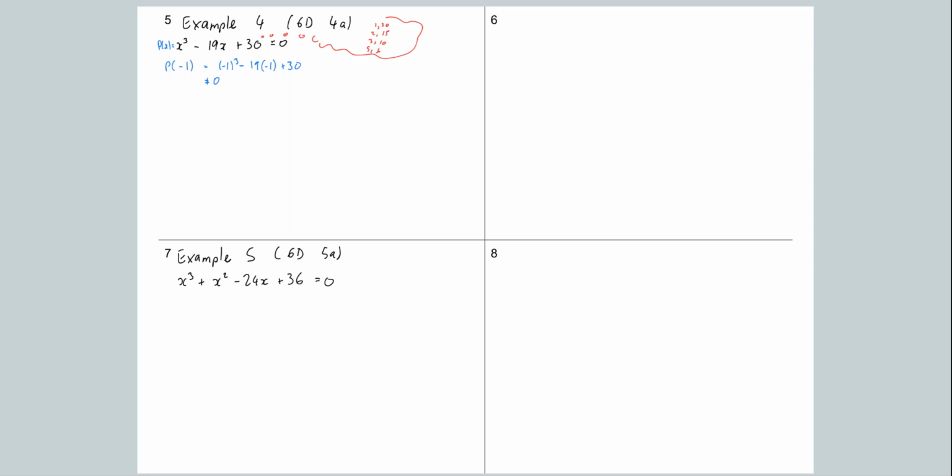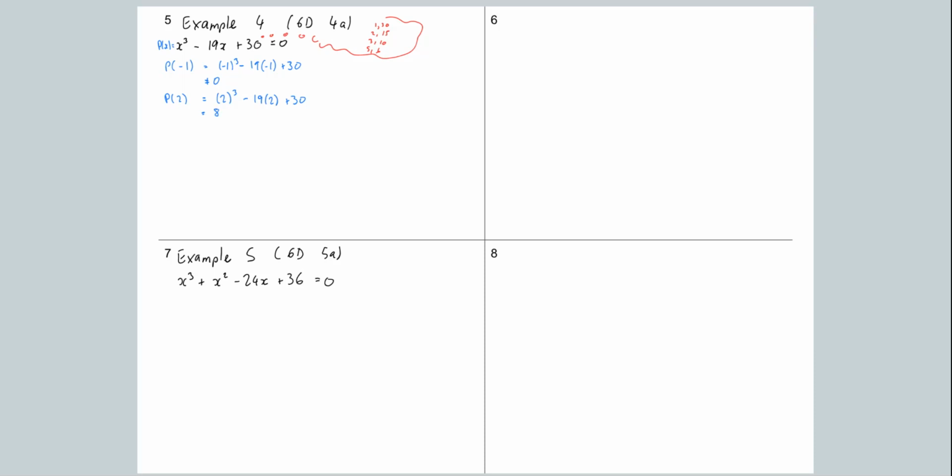So I'll have a go at something more. I'll have a look at p of 2 and see how that goes. I'll go with positive 2 to start with, just to see what it's like. I haven't done this problem before, by the way, so I am just working it out as I go along with you. Minus 19 times 2 plus 30. Now, this looks like it might be a possibility. 2 cubed is equal to 8, so that's fine.